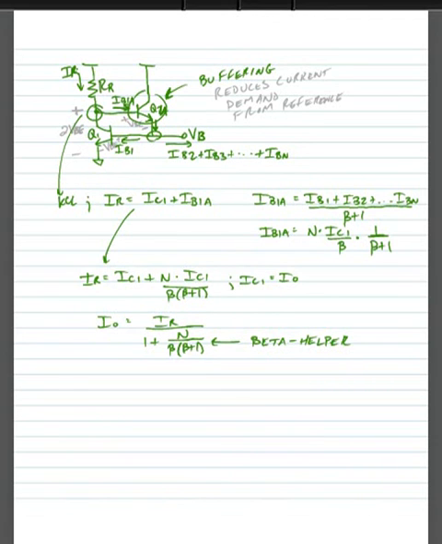So this is an emitter follower, and remember, an emitter follower can't provide voltage gain. It's just a voltage buffer, a unity gain amplifier, but it can add current gain. And so that's what it's doing, it's buffering the current. So it reduces the current demand from the reference.